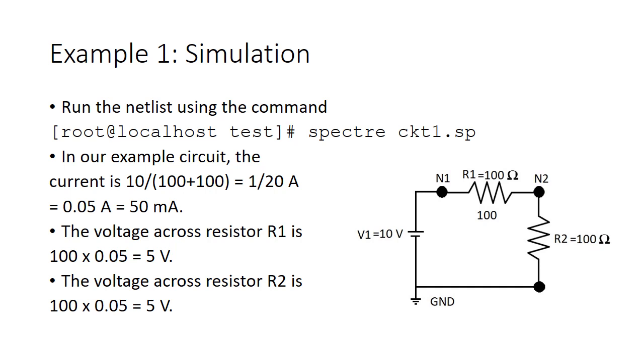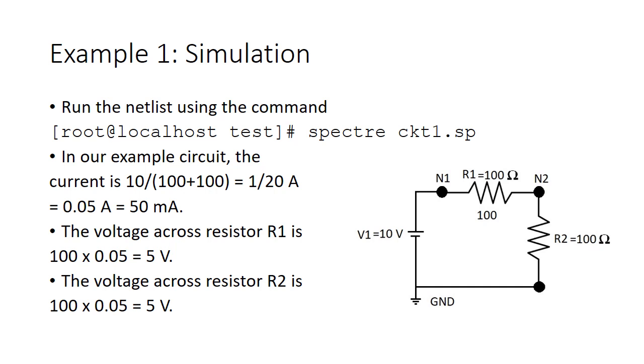What will be the current in the circuit? There is 10 volt and the resistors are in series, so the current will be 10 by 100 plus 100, so that is 1 by 20 ampere, equal to 0.05 ampere or 50 milliampere.